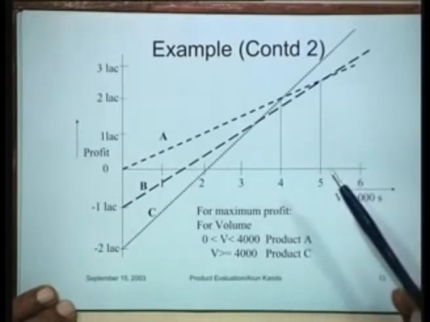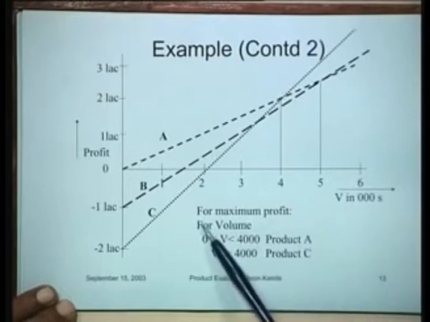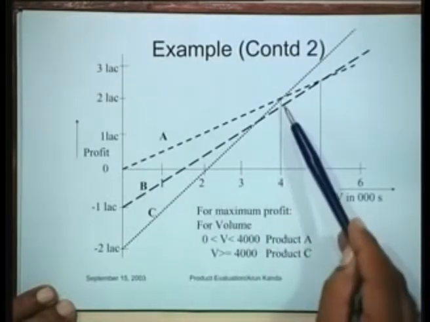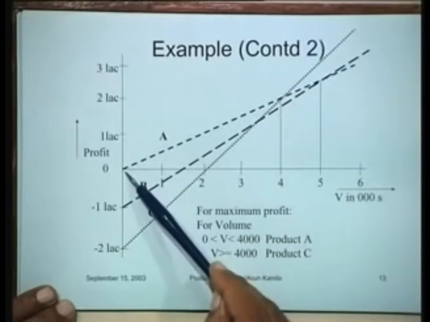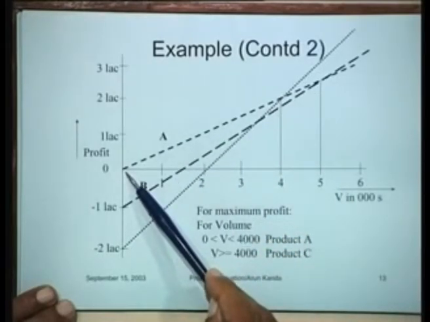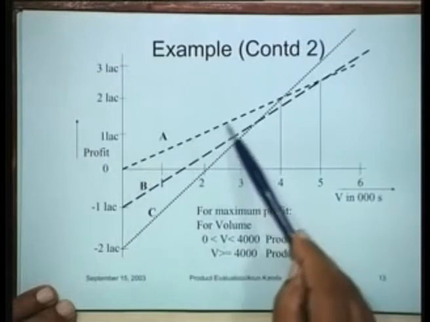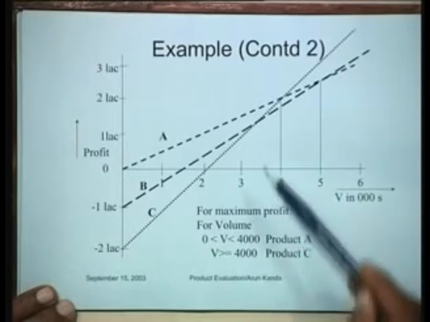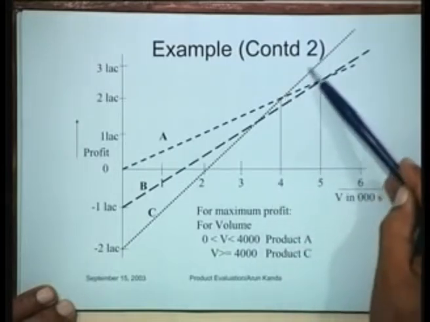That's what we are interested in. So for this particular situation, what you find is that for volumes up to 4,000, clearly product A is the dominant product, isn't it? It's the highest profit as compared to the others up to 4,000, and beyond 4,000 the best is to go in for product C.